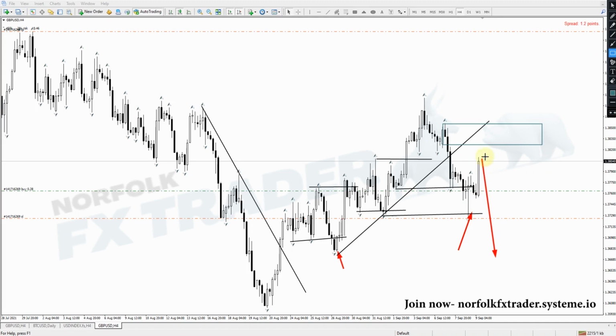Now, the whole idea is to take away that risk as quickly as possible. This allows me now to have a free trade. If the market was to fall from here and take my stop loss, I haven't lost anything on this trade. And all of this you will learn in any of my courses, exactly how I do my risk management.